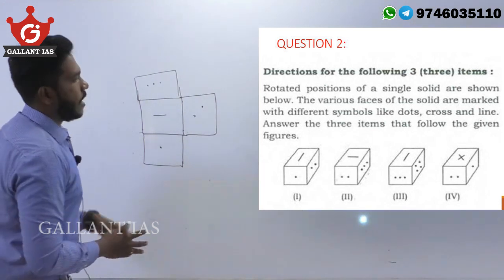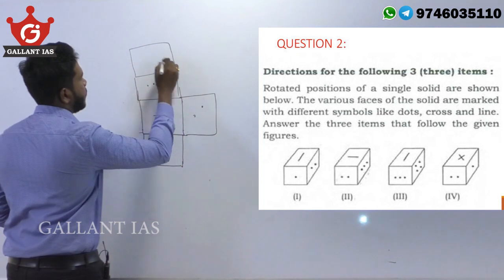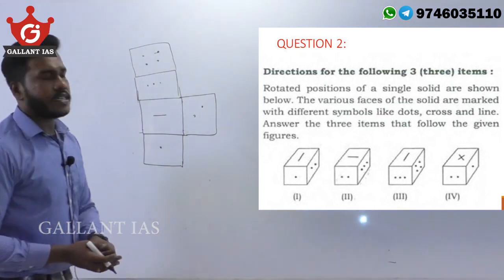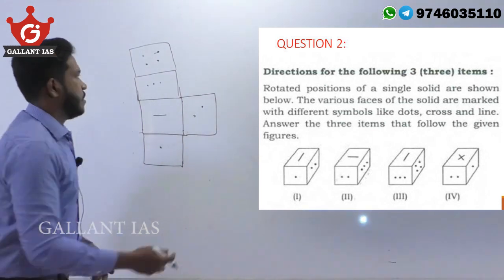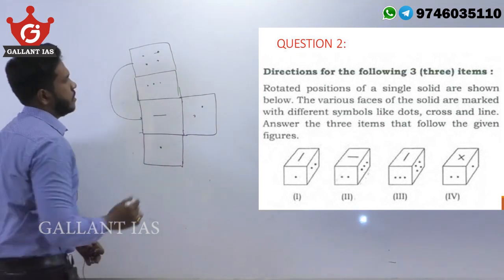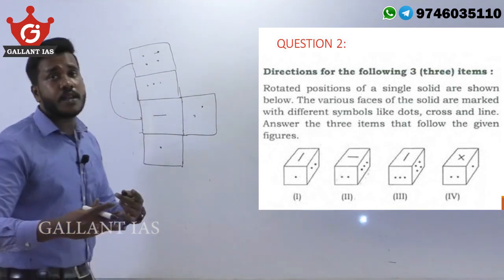So where do I need to add the face containing value 4? Suppose I am adding it here, is it right or wrong? It is wrong, right? Because we already know that alternate faces are opposite to each other.